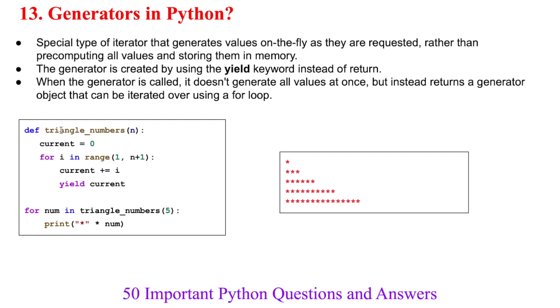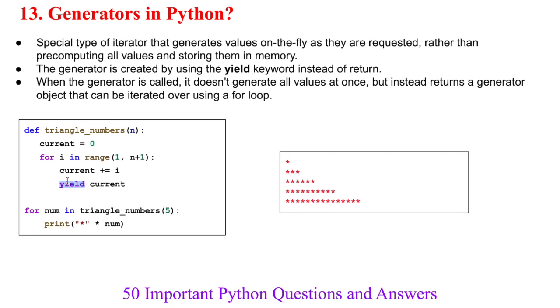Here in this source code example is a generator function that generates triangle numbers. In this example, the triangle_number function is a generator function that generates the triangle numbers up to a given value n. The current variable keeps track of the current triangle number, and the yield keyword is used to return the current triangle number to the caller.